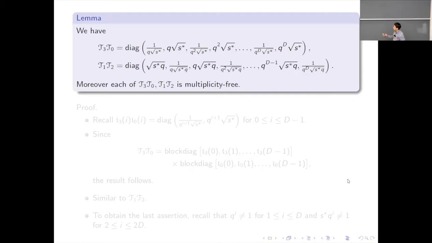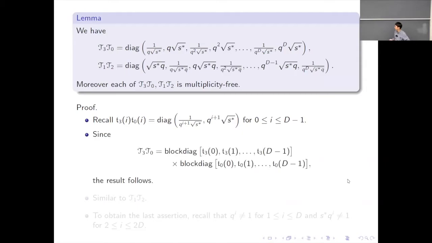Further, each of Tau 3, Tau naught, and Tau 1, Tau 2 is multiplicity free. In other words, all diagonal entries are mutually distinct. The proof is simple because we already saw T3i, T naught i are 2 by 2 block matrices. Their product is a 2 by 2 diagonal matrix. So simply we compute Tau 3, Tau naught, similarly Tau 1, Tau 2.